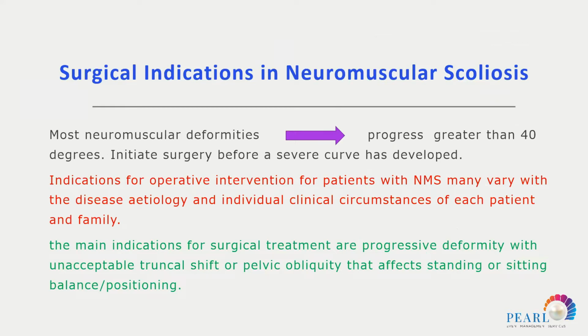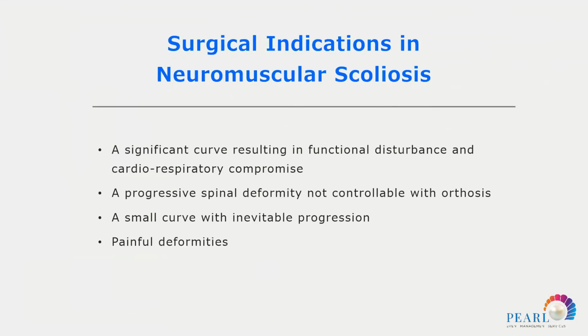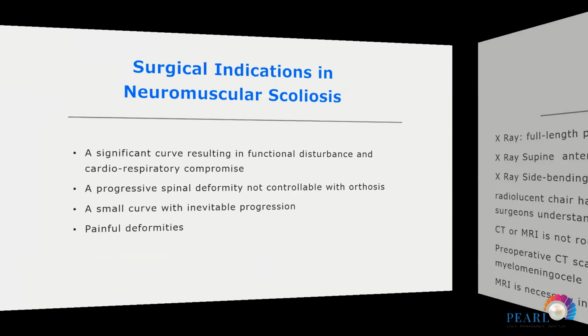The main indication for surgical treatment is progressive deformity with unacceptable trunk shift or pelvic obliquity, which affects standing and sitting balance and positioning. Surgical indication also includes any significant curve resulting in functional disturbance and cardiorespiratory compromise, progressive spinal deformity not controlled with braces, and painful deformities.